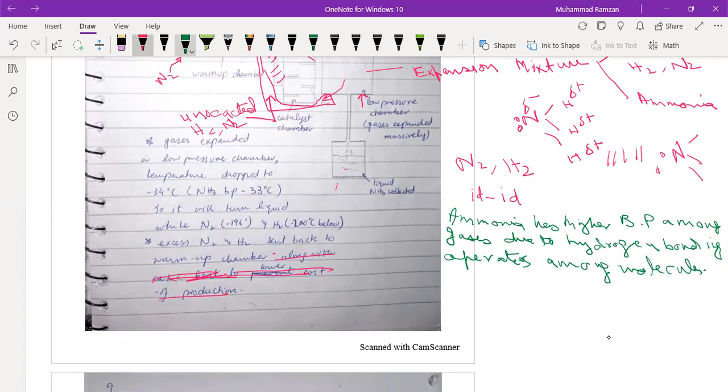Ammonia has a higher boiling point among gases due to hydrogen bonding operating among molecules.